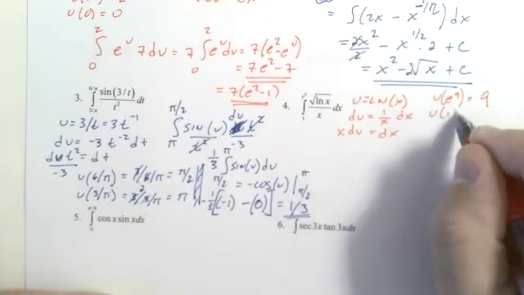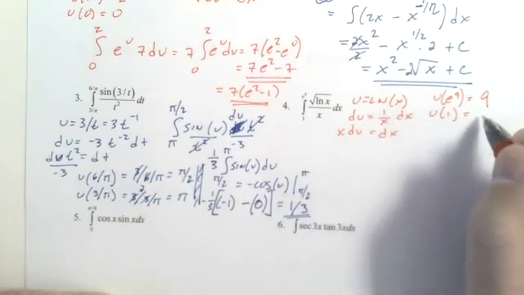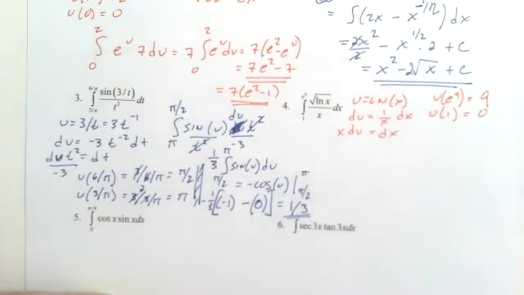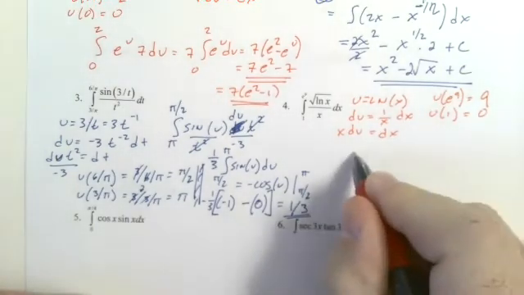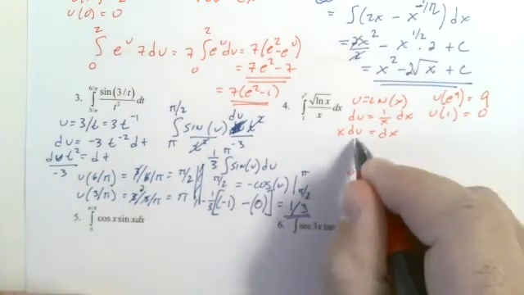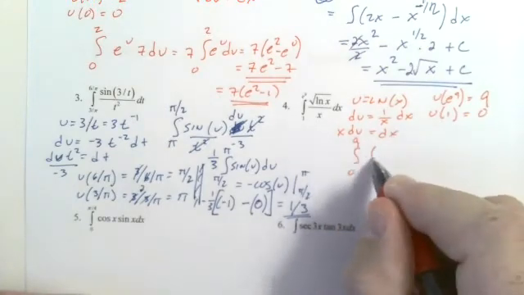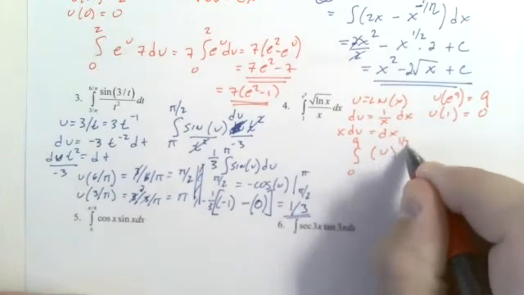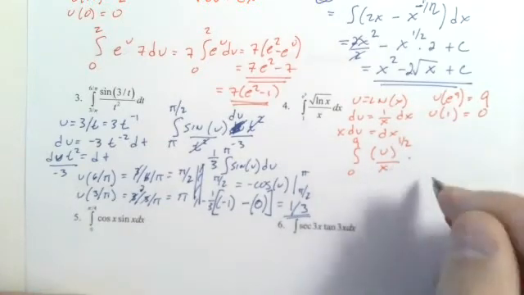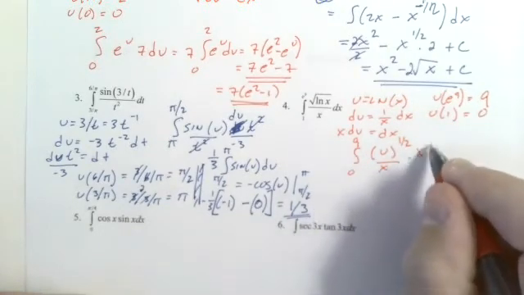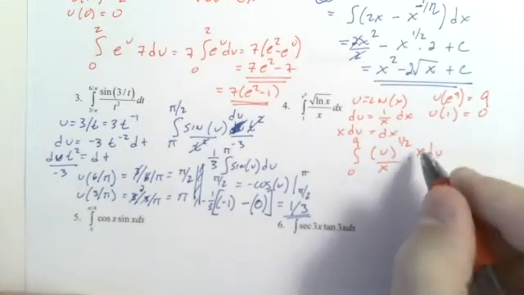U of 1 is ln of 1, 0. Sure, whatever. Integral from 0 to 9 of u to the 1/2. X is still there. X du, looks like we did it right.